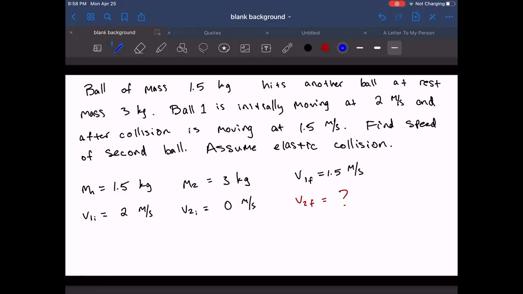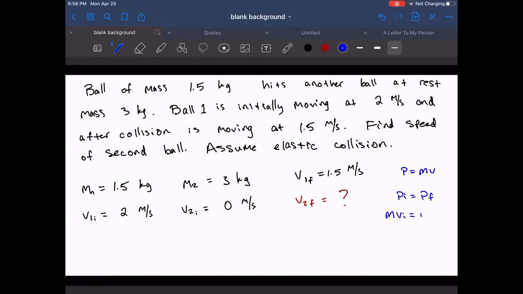The equation that you want to use is P equals M times V, and then you also have PI equals PF, and MVI equals MVF.